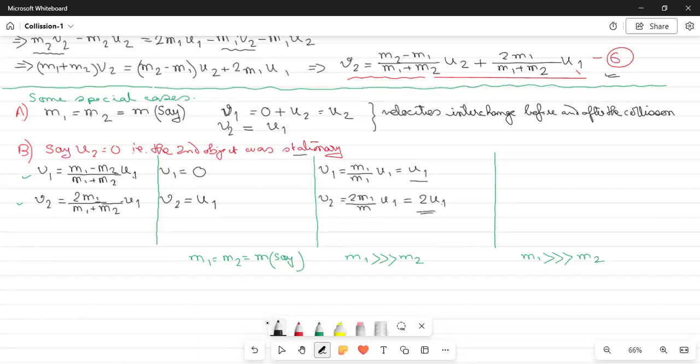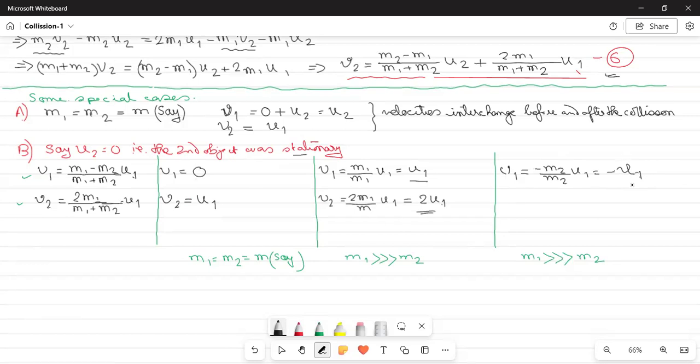Then, in that case, using once again, V1 is equal to, here M1 is ignored in reference to M2. It becomes minus M2 by M2 U1, V1 is equal to minus U. So here you see V1 is minus U.